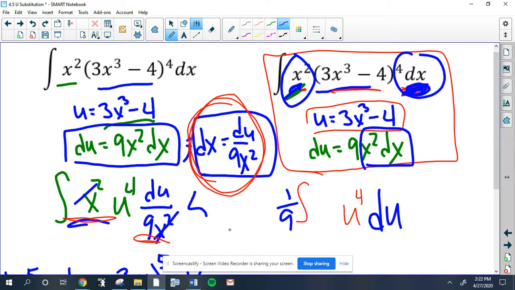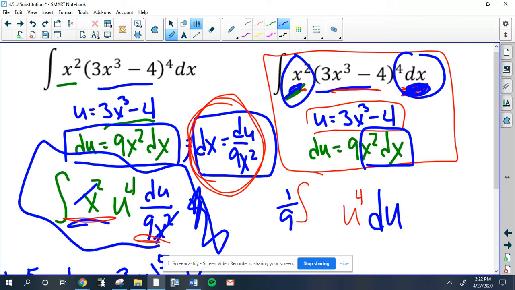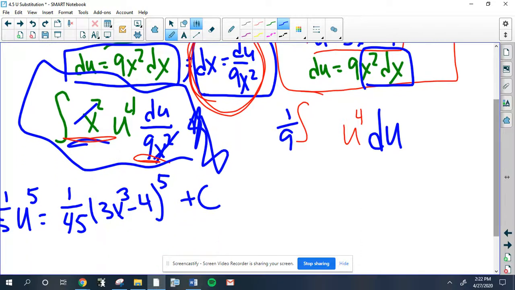So I saved a little bit of this writing over here. It's going to turn out to be the same, but it's simpler or quicker. You don't have to do it that way. You can choose either way because you're going to see we get the same thing. 1/9 times the integral of u to the fourth is 1/9 times u to the fifth times 1/5, which is 1/45 u to the fifth.